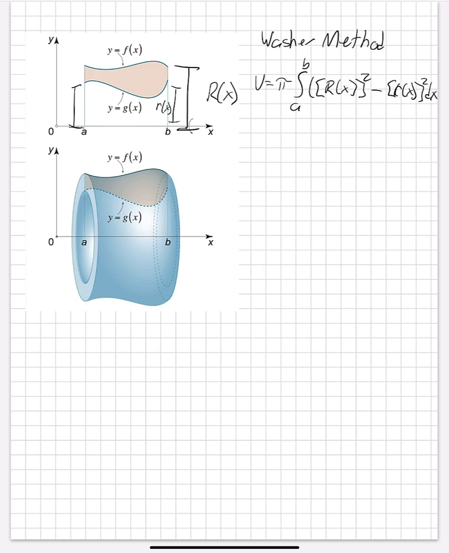So let's do an example, and let's find the volume around, so we're going to rotate our function around y is equal to 4.